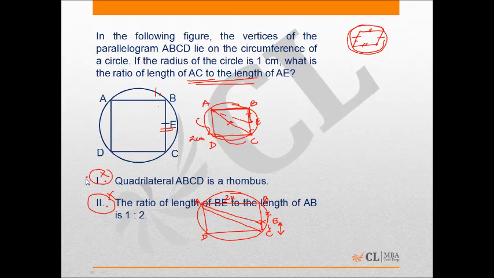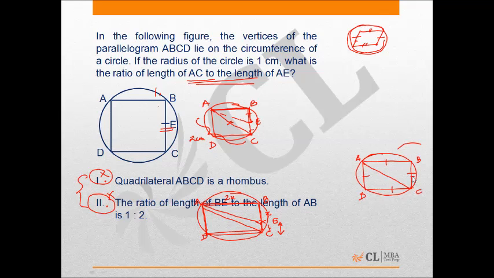Now let's club both of them together. If we know that ABCD is a square, we are going to have a circle with a square inscribed. The diameter is known to us, that means AC is known to us.